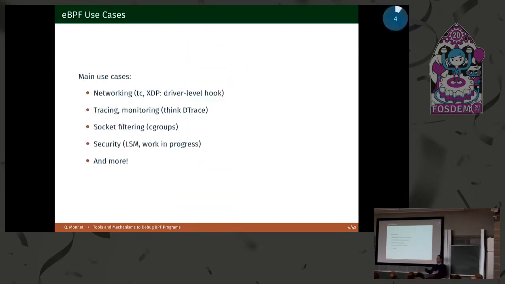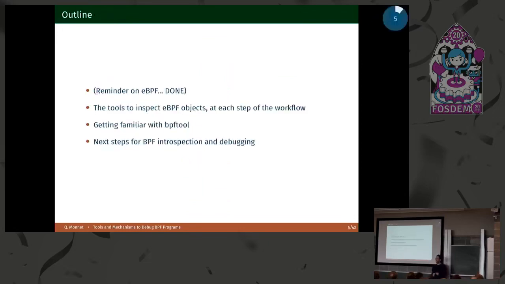So the rest of the presentation will be organized like this. A reminder of eBPF, that's done. Then the tools to inspect BPF objects. We have a number of them, and I would like to introduce them in the first part for the different steps of that diagram I just showed before.